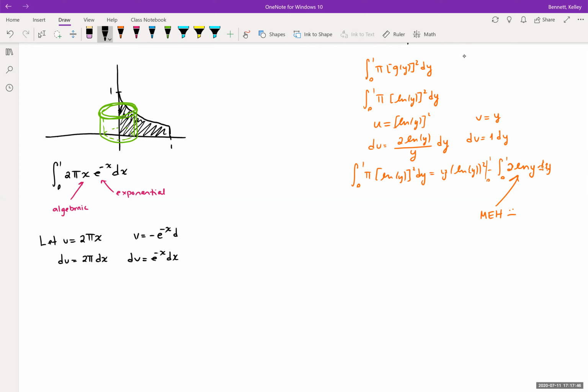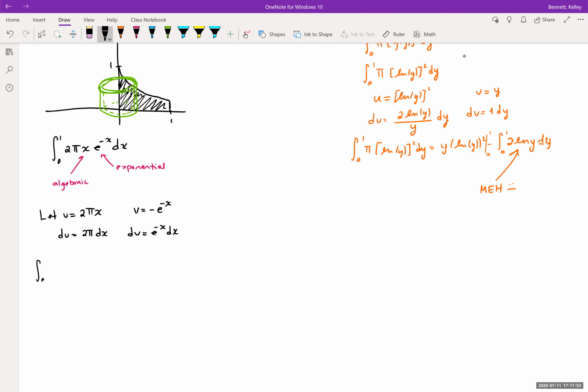So now I'm going to go ahead and integrate. I get the integral from 0 to 1 of 2 pi x e to the negative x dx equals u times v, which is negative 2 pi x e to the negative x, from 0 to 1, minus the integral, also from 0 to 1, of v times du.